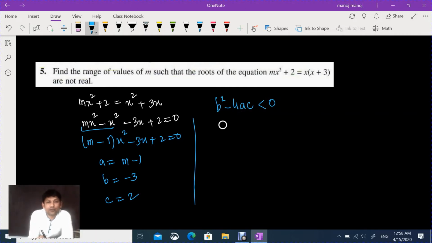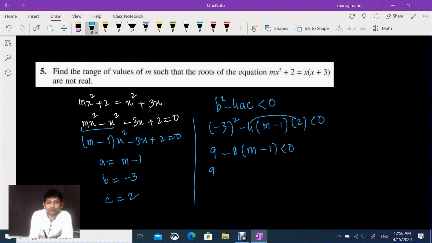Okay, now you can substitute the value: (−3)², a is m − 1, c is 2, less than 0. 9 minus, what you can do, 4 times 2. First you can write 8, then it's easy to simplify now: 8m + 8.